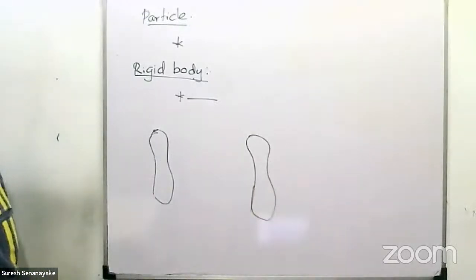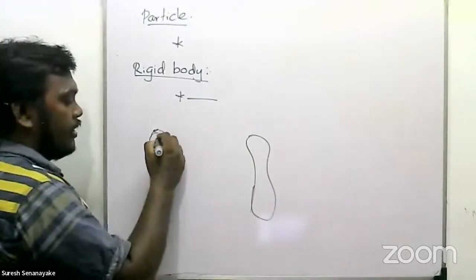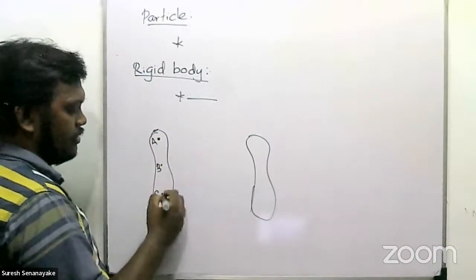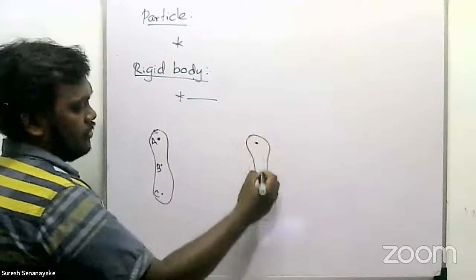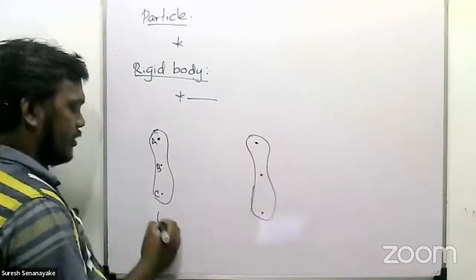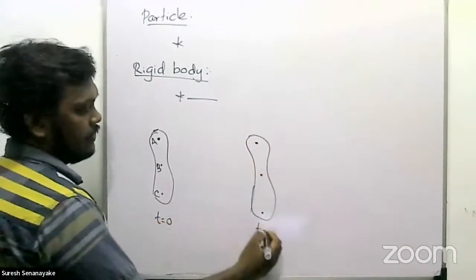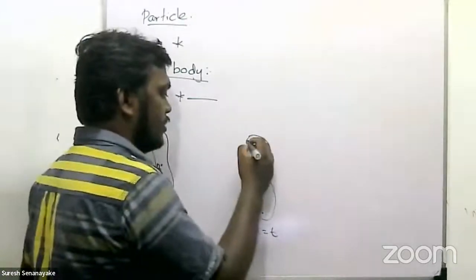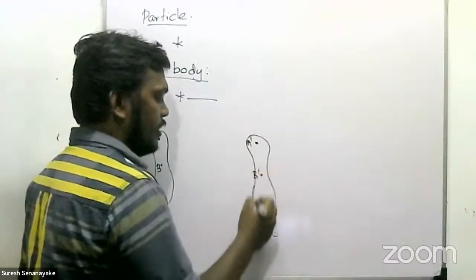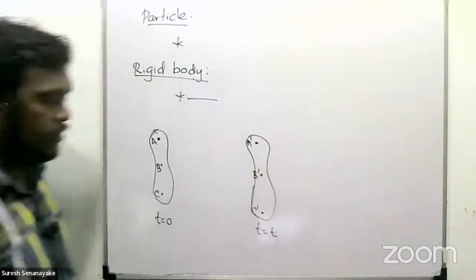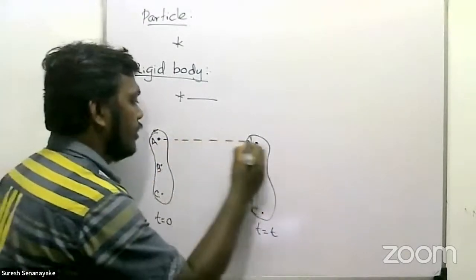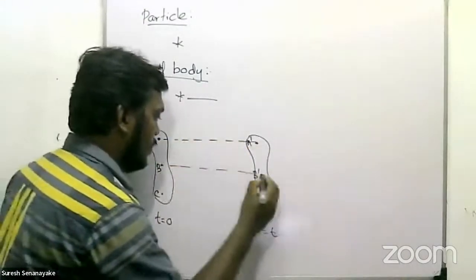So the particles A, B and C at t equals 0, and after some time, A comes to A dash position, B comes to B dash, and C comes to C dash position.